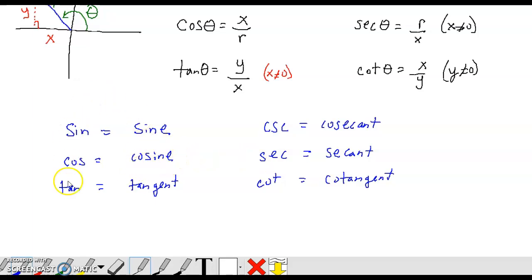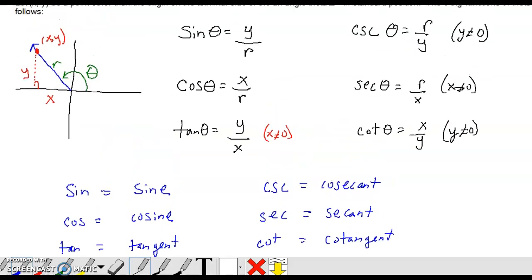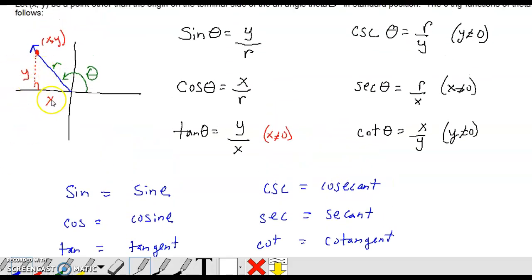Okay? So things to think about is how can we actually find out x, y, and r. Well, we see that it's a right triangle, so we can always use the Pythagorean theorem. x squared plus y squared is equal to r squared. Things to remember is that r will never be negative.